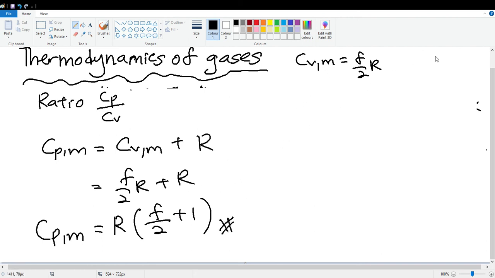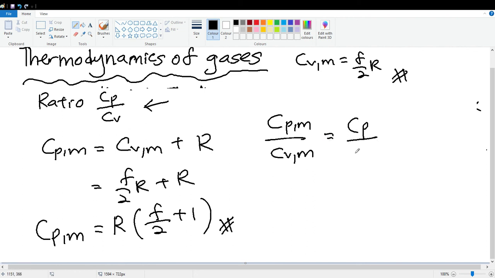We have these two, and what we can do finally is follow this ratio. This ratio is for one gas molecule, but let me write it down here: CPM over CVM. This ratio represents 1 mole of gas, but both of them are the same.